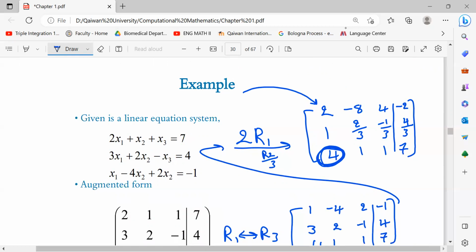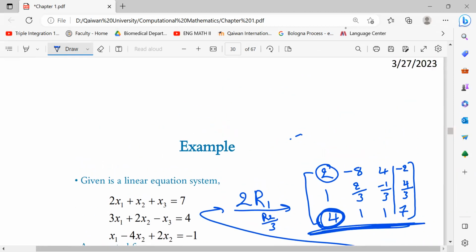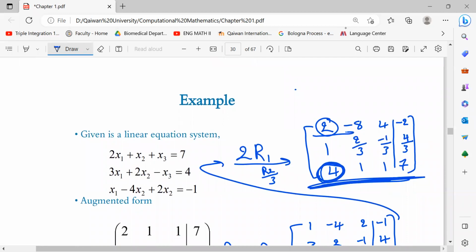If you work on this entry, from this 2, I want to change this 4 to 0. How? This entry is in row 3, so we say row 3 becomes row 3. Then this entry is in row 1.